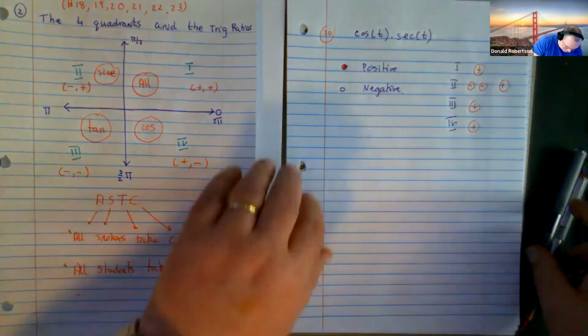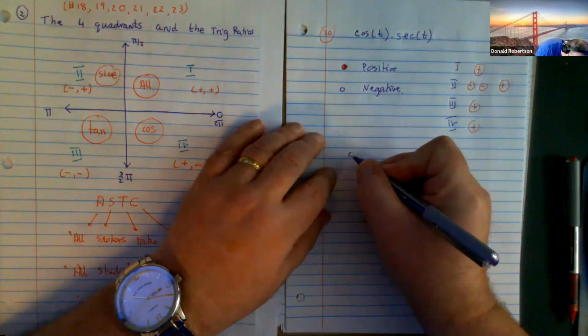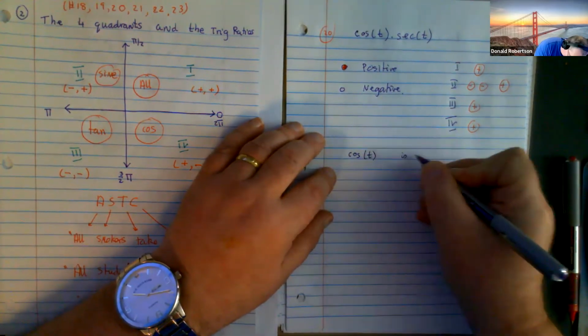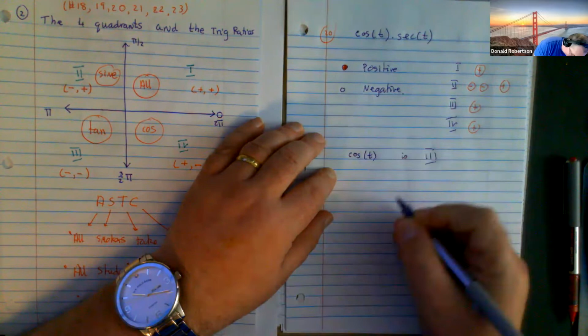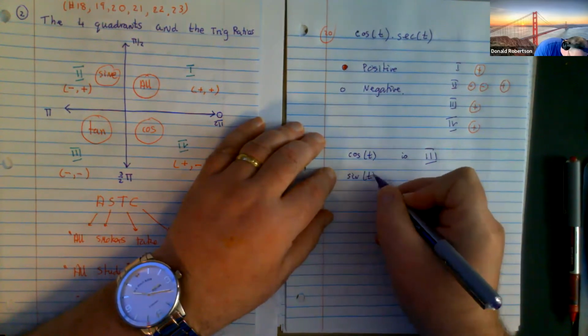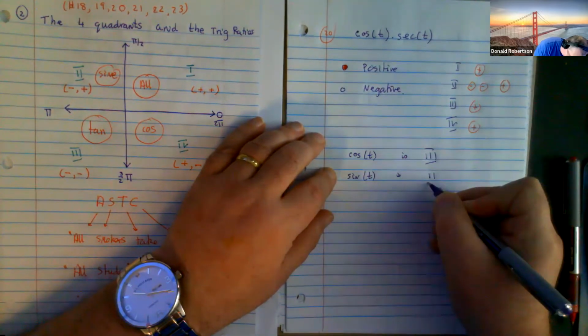How about this one? The cosine of t is in the third quadrant, and the sine of t is in the second quadrant.